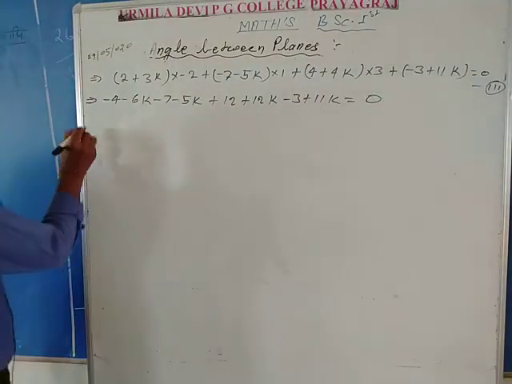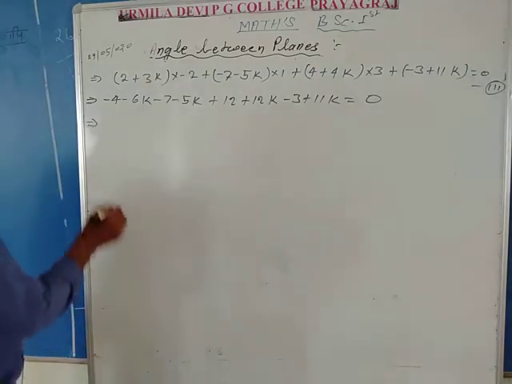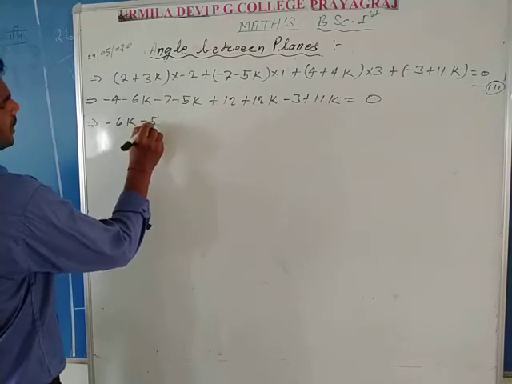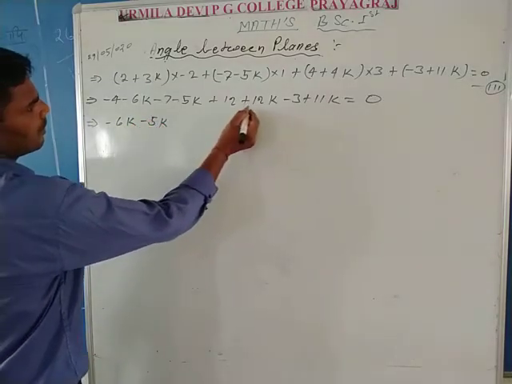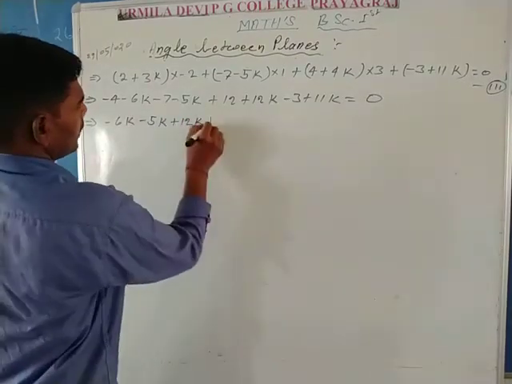In the first bracket, take all the k values: -6k - 5k + 12k + 11k.